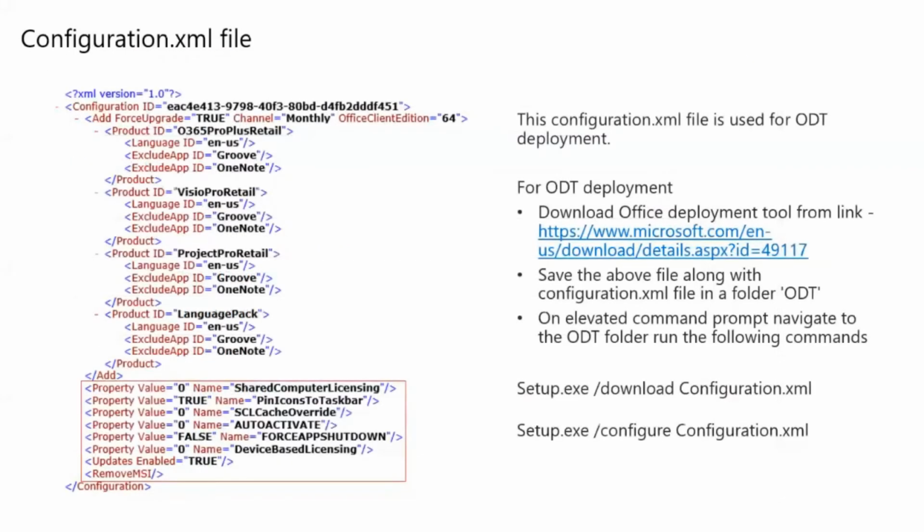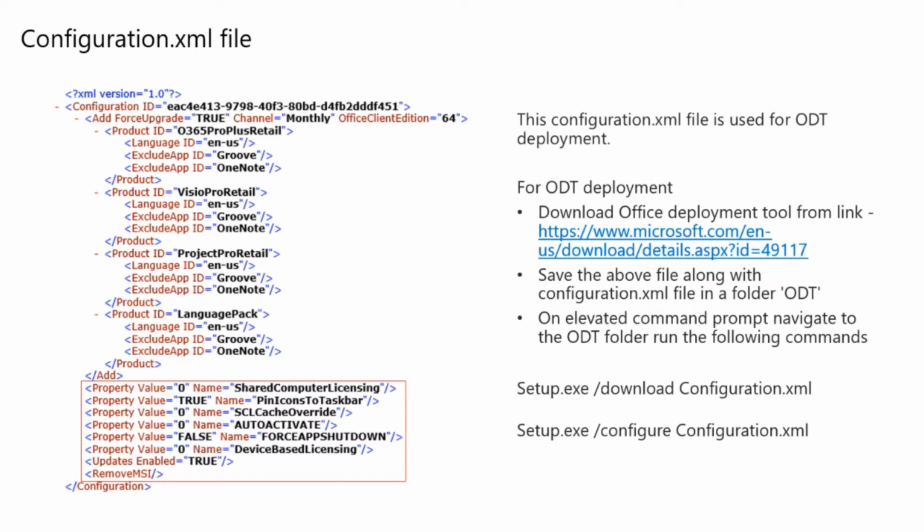The next would be the sample config XML file. This XML file is a sample from the Office Customization Tool, the OCT. You have an option to import and export. We have exported the customization we have seen on the previous slides, and these are some of the common values.